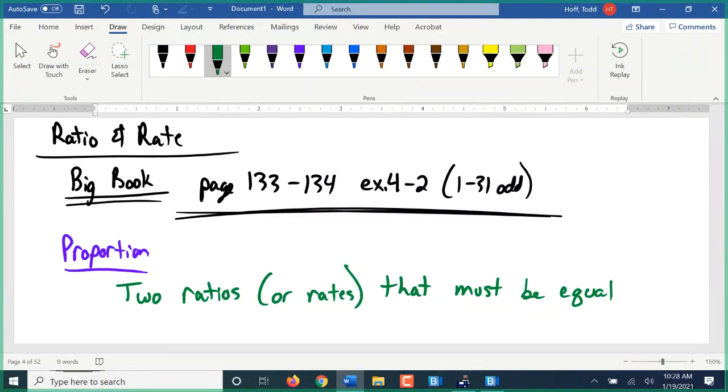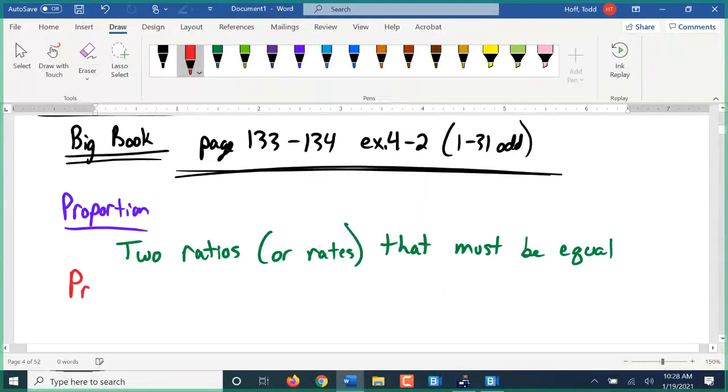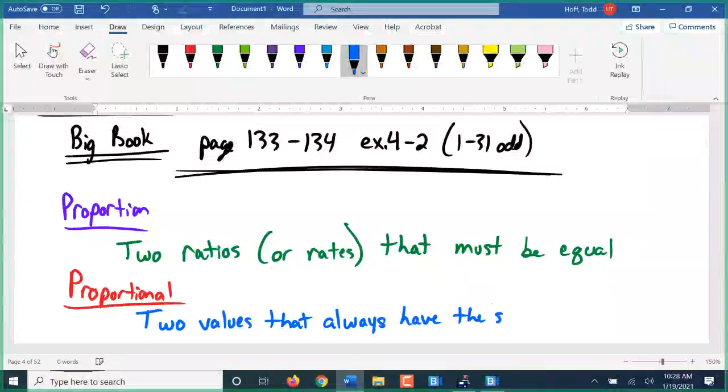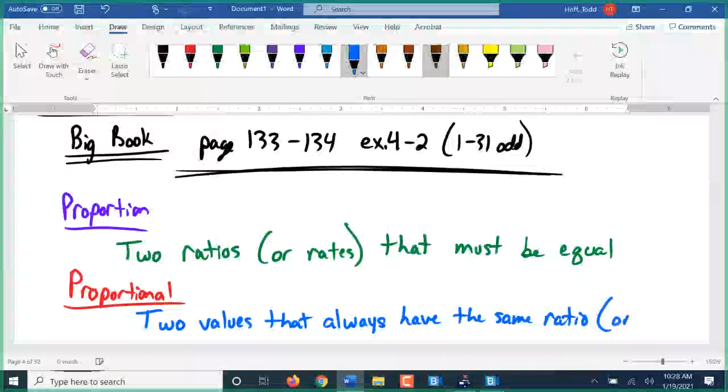Something called proportional, if something is described as being proportional, that means it has two values that always have the same ratio, or again, rate.